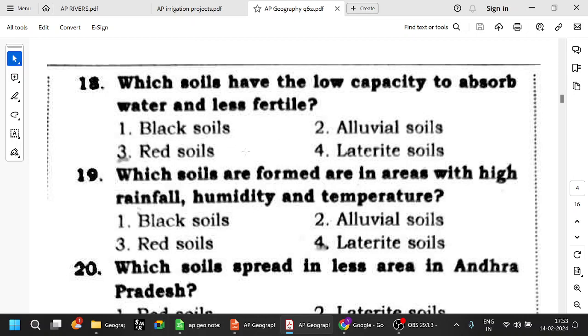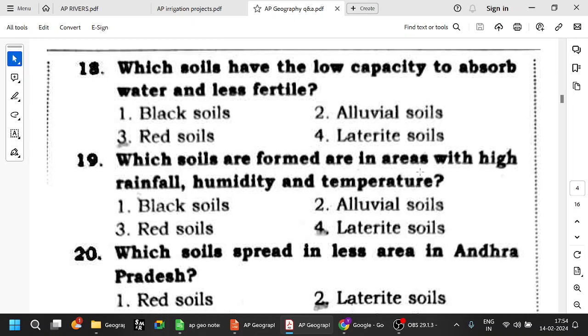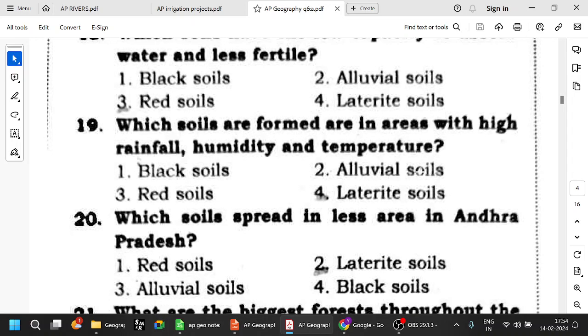Red soils are also less fertile, but laterite soils are even less fertile because laterite soils are mostly formed due to leaching, where there is alternate wet and dry spell of rain, high humidity, and high temperature. In such a situation, most of the nutrients of the soils are leached away. So laterite soils are leached soils. Remember all that. So I would say this is the better option among these two. Both red soils and laterite soils are low in water absorption capacity and are less fertile, but laterite soils are more infertile.